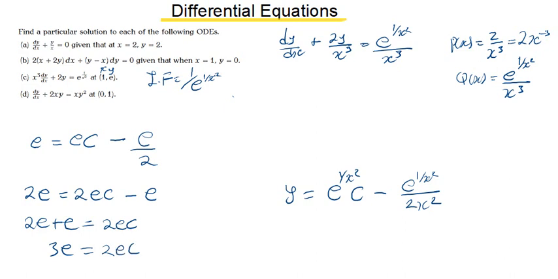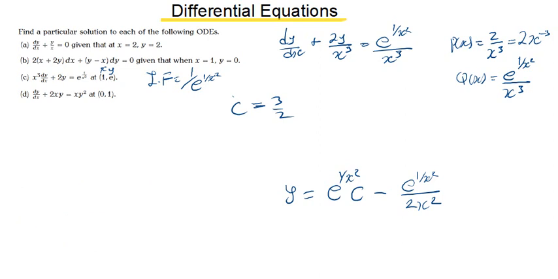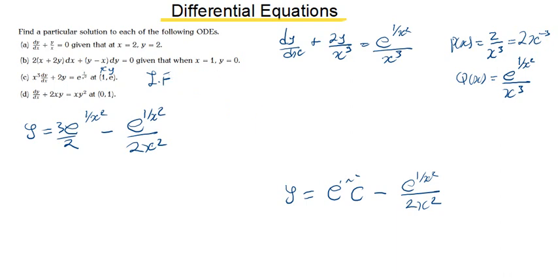We divide both sides by 2e, so our c will be equal to 3 over 2. So the particular solution is y is equal to e to the power 1 over x squared times 3 over 2, minus e to the power 1 over x squared divided by 2x squared. This is simply the particular solution that we are looking for.